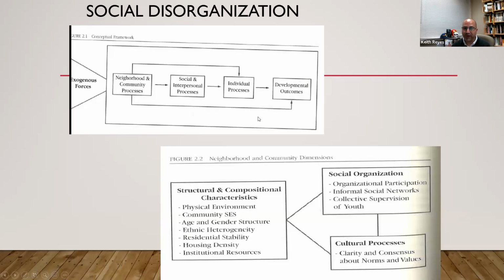So from a functionalist perspective, your likelihood of these developmental outcomes is going to be influenced by the economy, by the family structure that you have in place, by the political systems that are in place, et cetera.